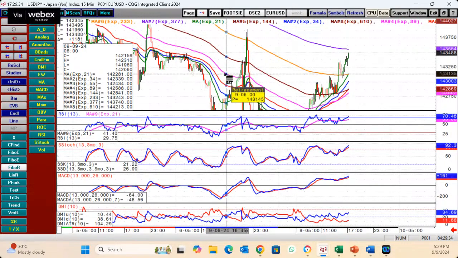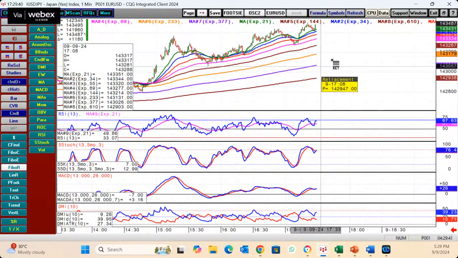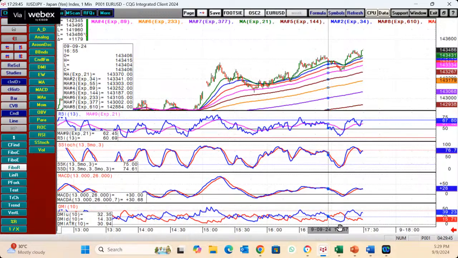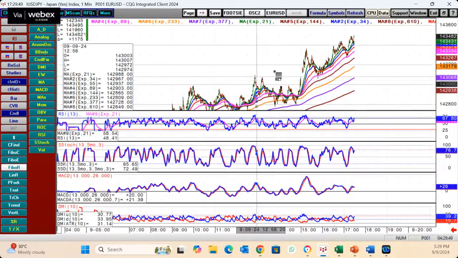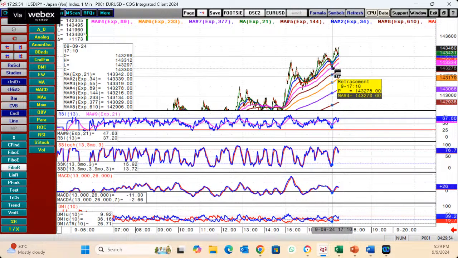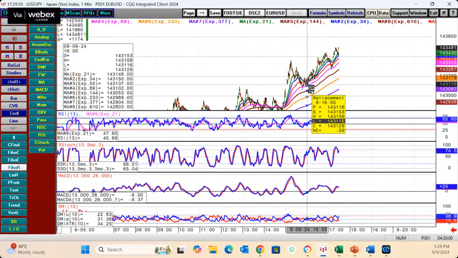Whenever your entry point comes into play, what we should be doing is looking to do it on a 1-minute chart or lower. If you see here, the price is making a move, so probably I may want to enter at 143.30 or 143.10.